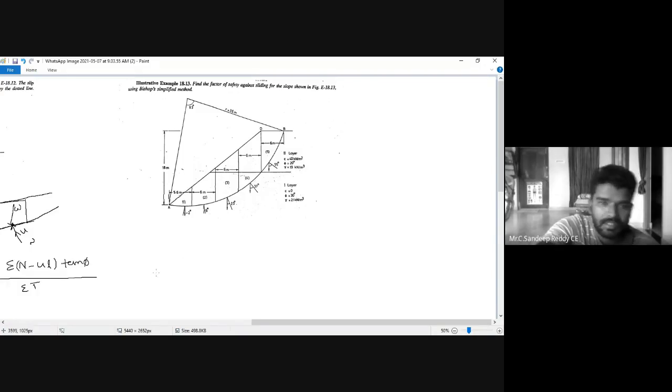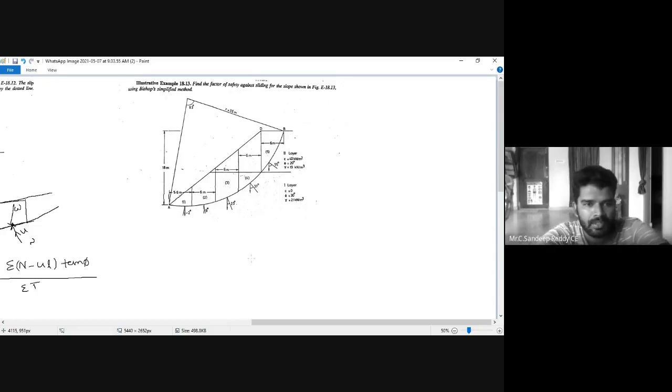But here he has given the width of each slice. The height of the slope is 16 meters, and the angle is 83 degrees. The angle of internal friction is 20 degrees for one layer and 30 degrees for the other layer. The radius given is 26 meters. The same procedure, same values, calculating N, T, W, all are the same. The angles are also given here.